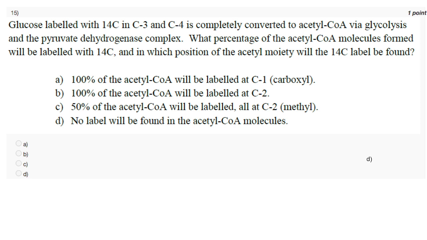So no label will be found in the acetyl coenzyme A. Okay, so option D is correct here.